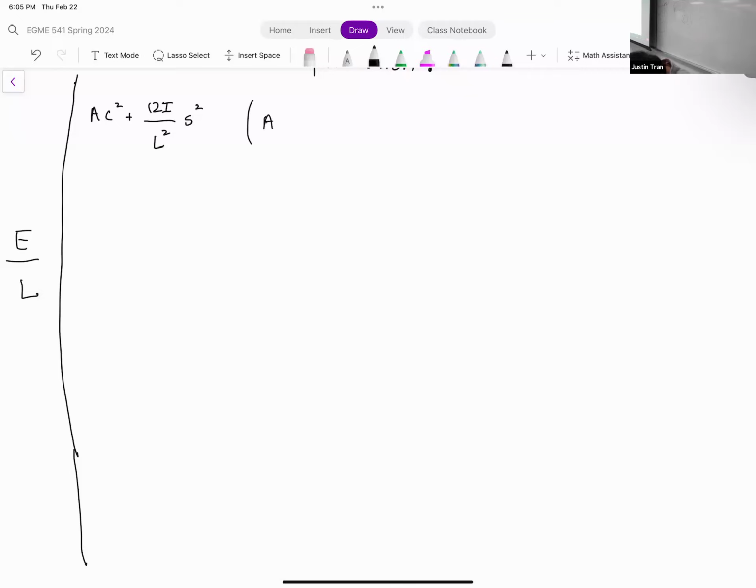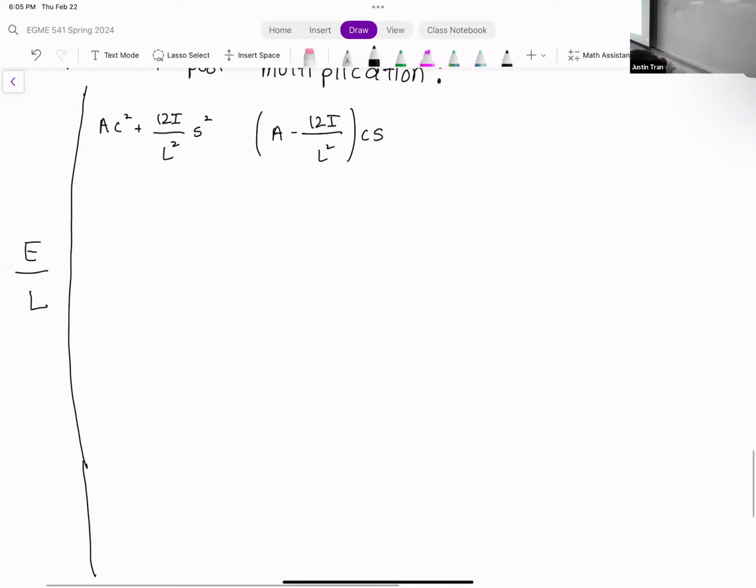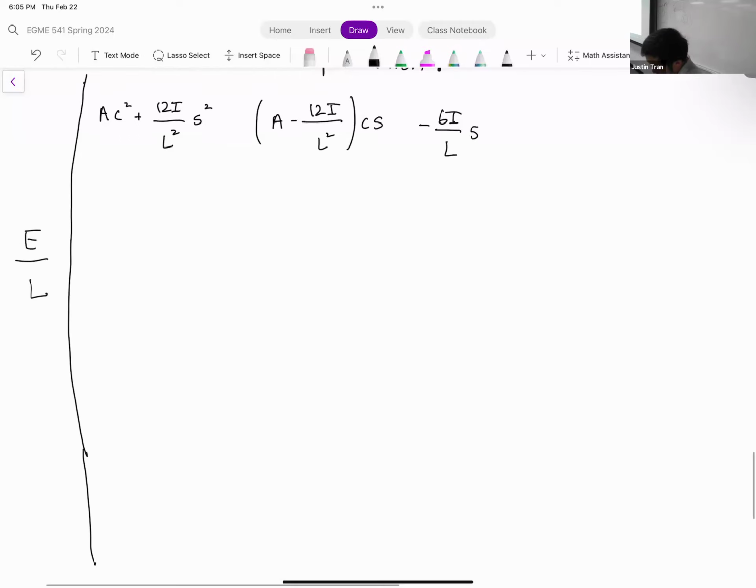We have A minus 12I over L squared times sine and cosine, CS. Okay. Next entry here, we have a minus 6I over L times S. Maybe write that S. That S looks like a 5.